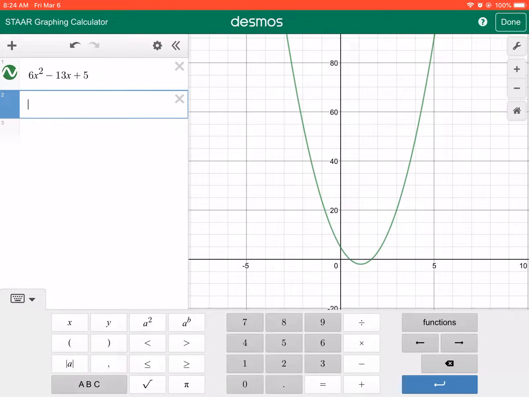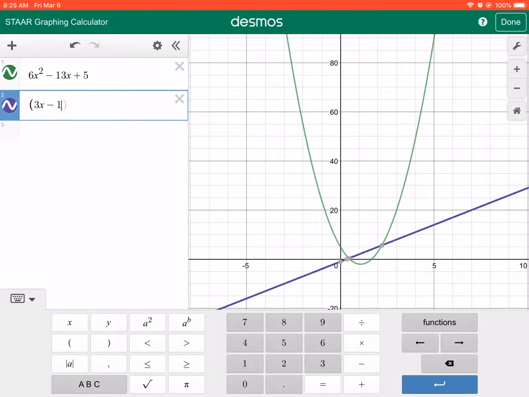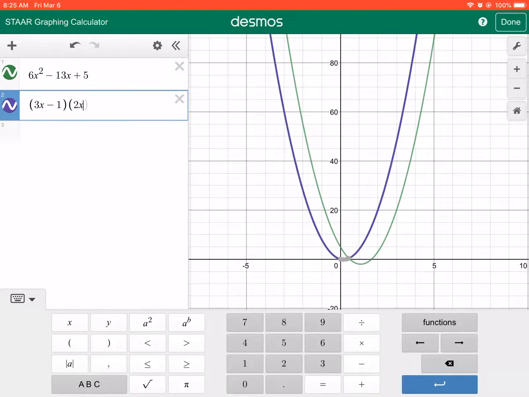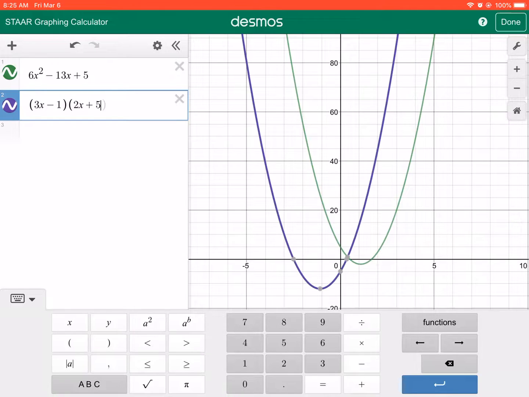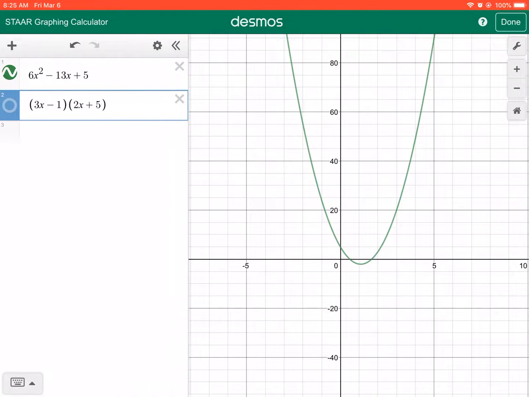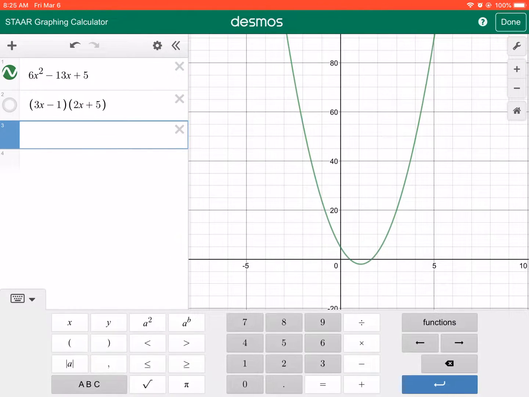So I'm going to do a wrong answer, so we can talk about what the wrong answer looks like, and then a right answer. So let's type in answer choice A, 3x minus 1, and then 2x plus 5. Okay, those are definitely not correct. How do I know? Because they don't match. They're not in the same spot. So I can hide it, and then I can go type in the next one.